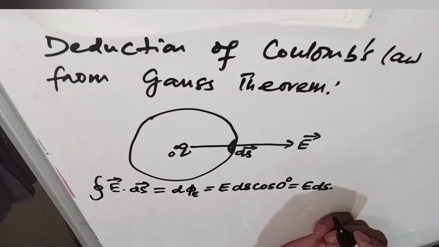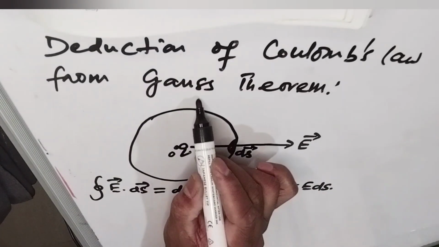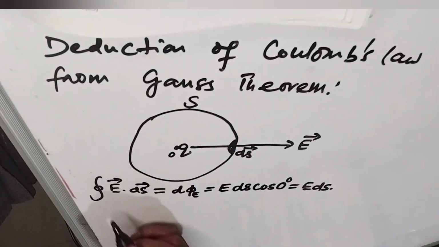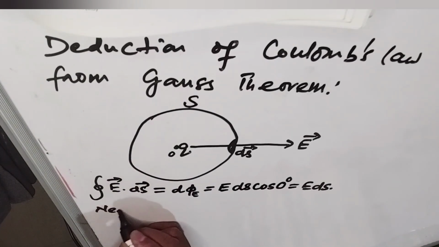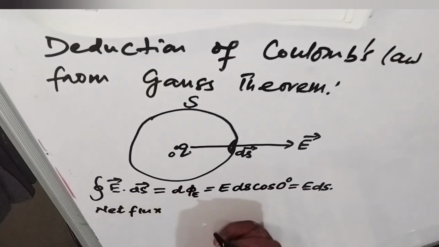So net flux through the closed surface S. If this is a closed surface S, we need to find the net flux, right?